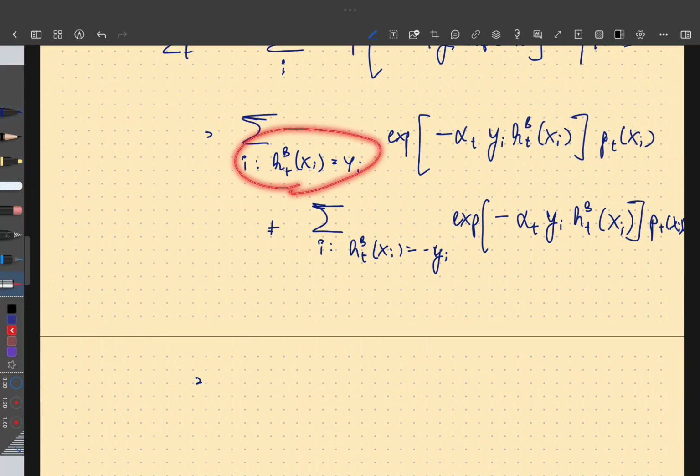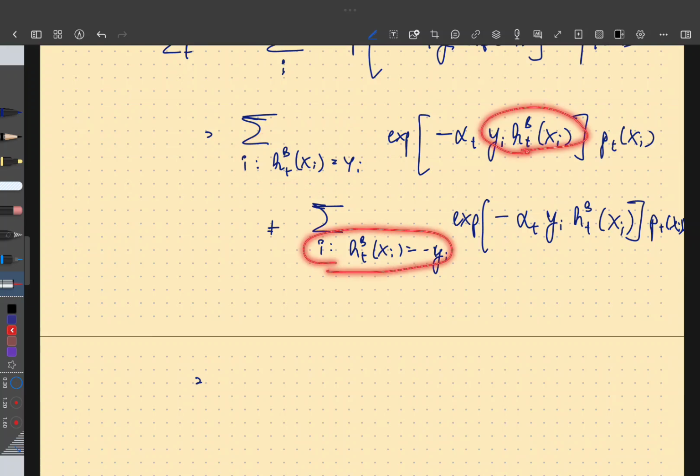So in this case this is equal to plus 1, and here this is equal to minus 1.